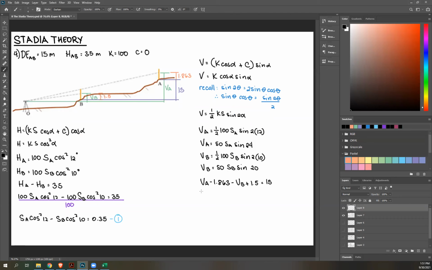Let's simplify this. So VA minus VB is 15 plus 1.863 minus 1.5, that's 15.363. And then from this, you can sub in your VA and VB.